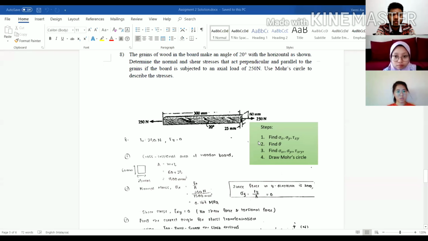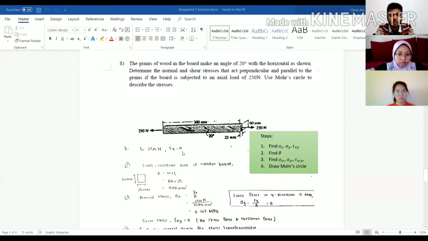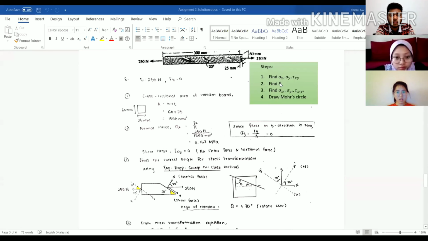Okay, for question 8, from the question given, we know that Fx is 250 and Fy is the force acting on the y-axis. Because there's no force on Fy, it is equal to 0. So next, we have to find sigma x, sigma y and tau xy. After that, we have to find the angle of rotation of the stress element.